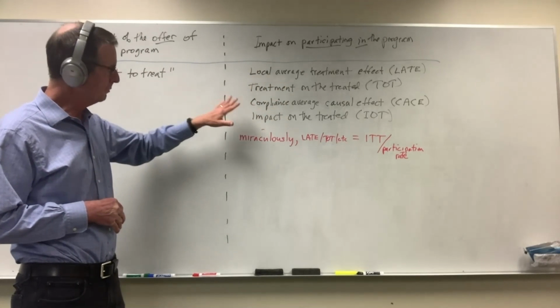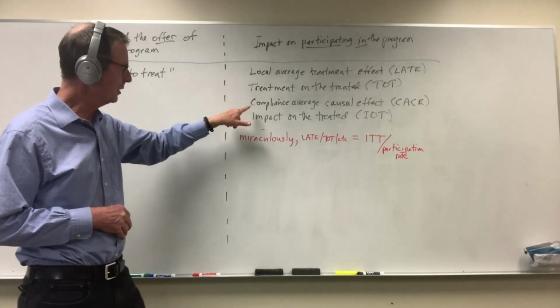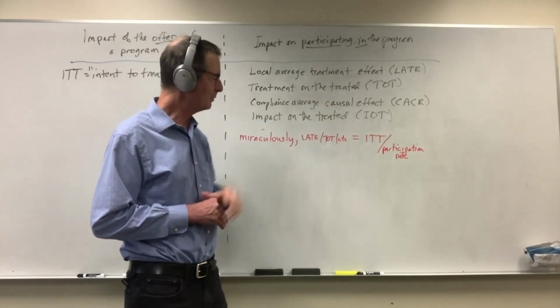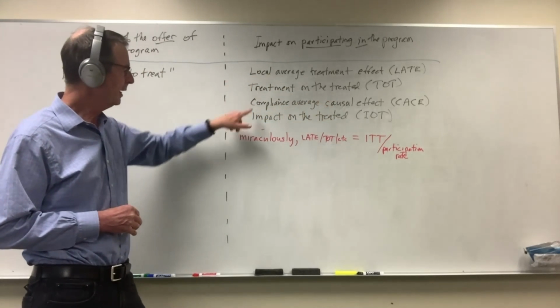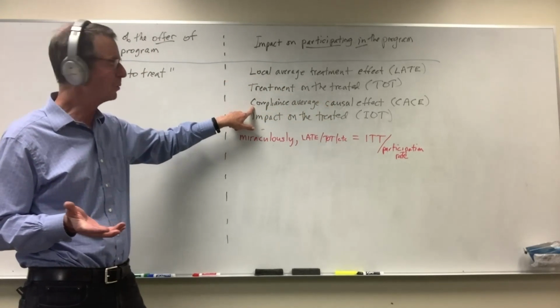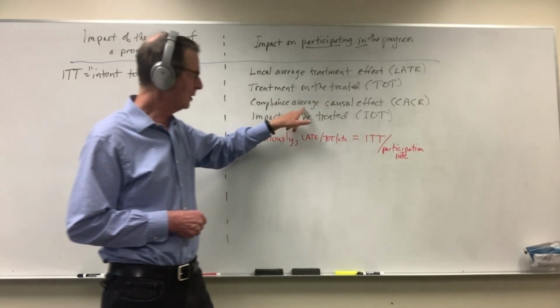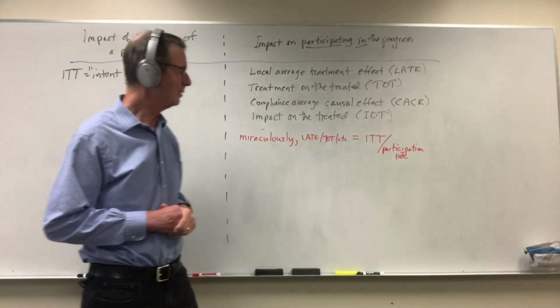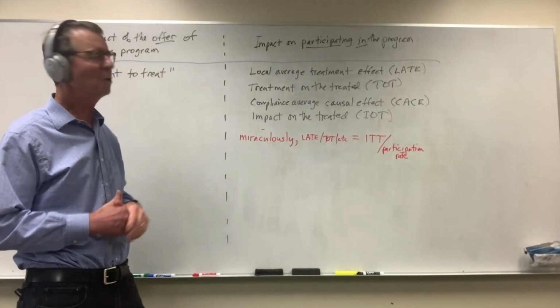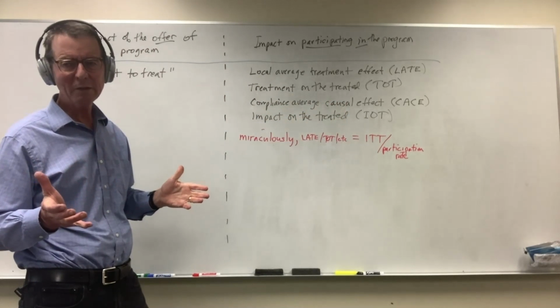This is sometimes called the compliance average causal effect. Compliance means participating in the program, and then it's an average causal effect, CACE. So all these things mean exactly the same thing.